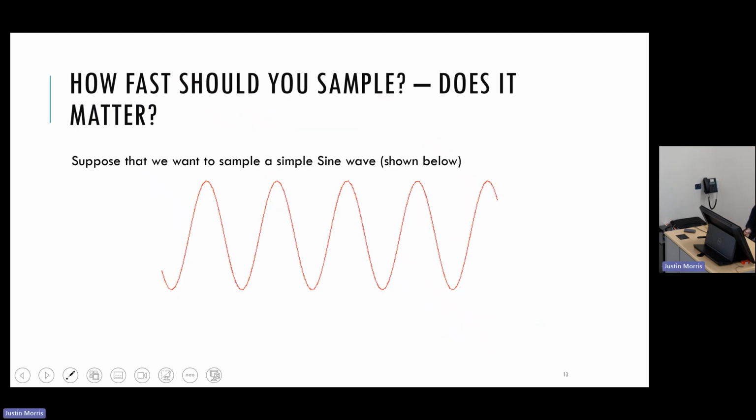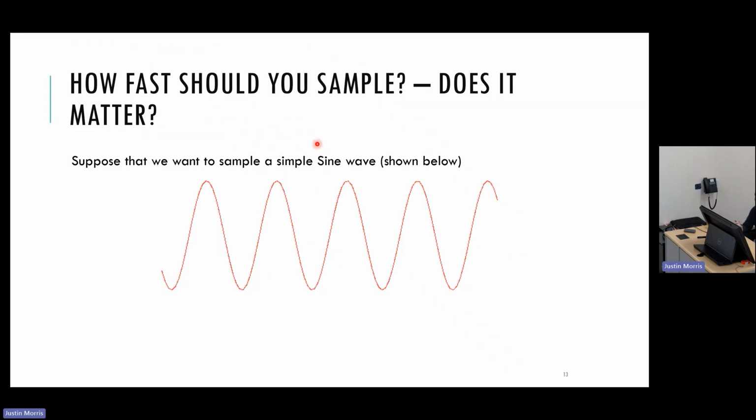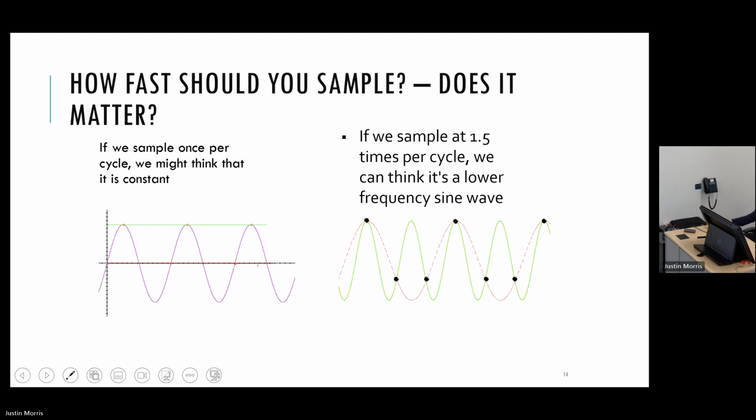So the question that we might want to ask is, how fast should we sample? And does it matter? The example that we're going to use is this sine wave. It goes up and down, right? Let's say we sample once per cycle.